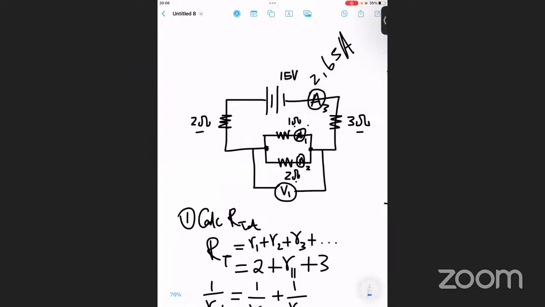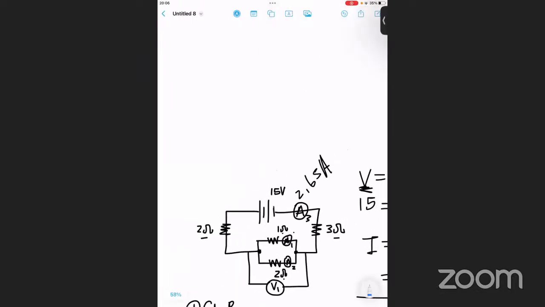Okay, so now let's see. The other way in which you can work it out is to find V1. We know the formula for calculating V, it is R times I. Trust me, the combined resistance that is flowing on that V1, trust me when I say it is 2.65.